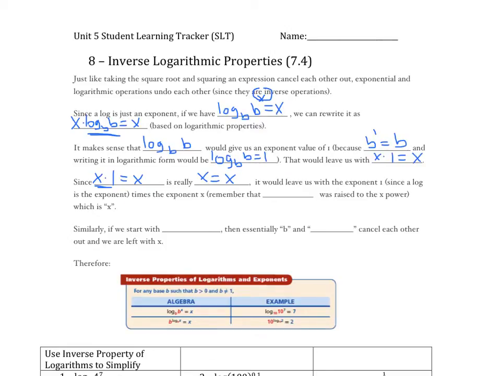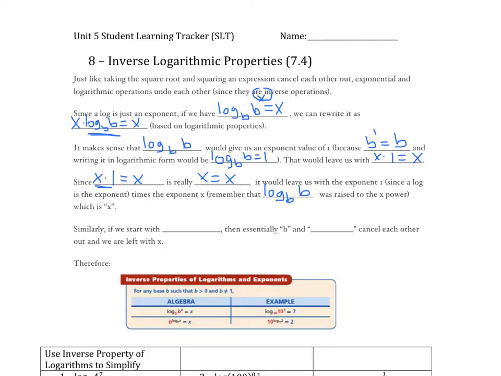It would leave us with the exponent 1, since a log is the exponent, times the exponent x. Remember that log base b of b was raised to the x power, which is x. So basically, if we have a log with the same base as the value raised to a power, it's just the power.